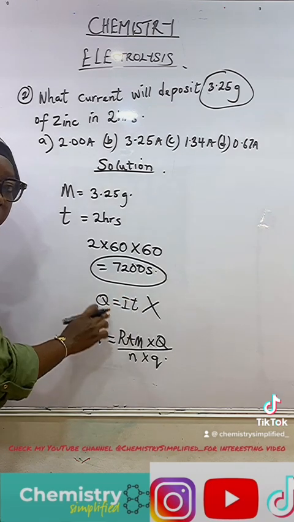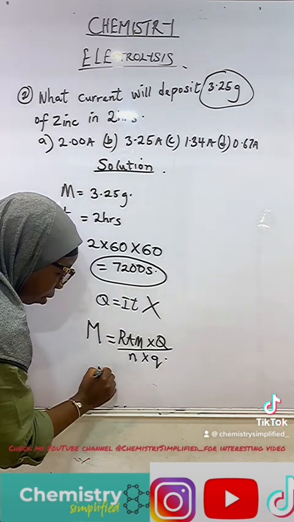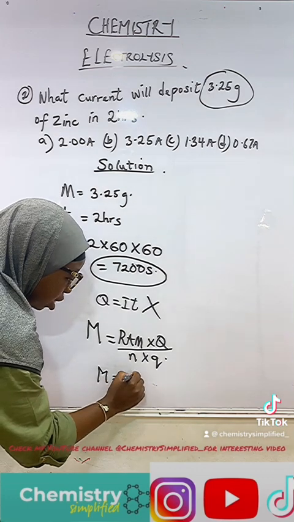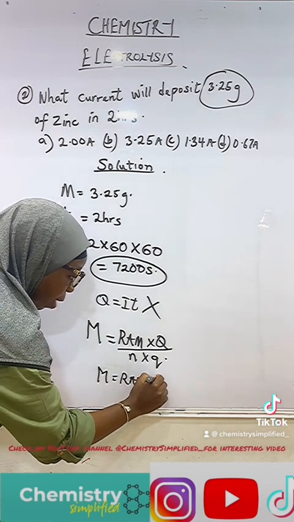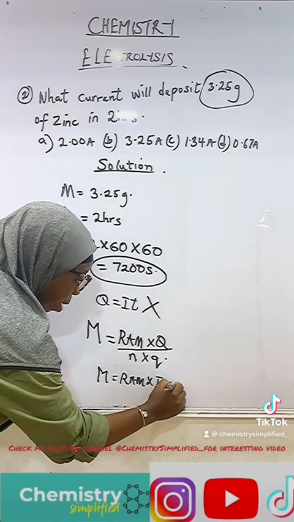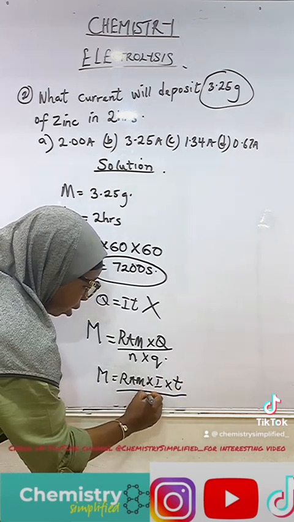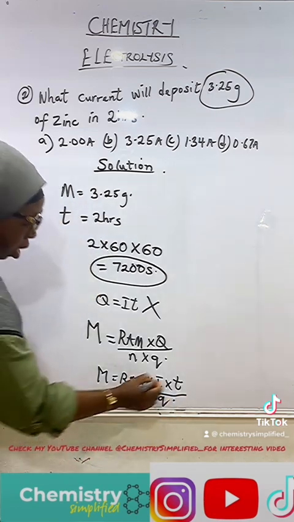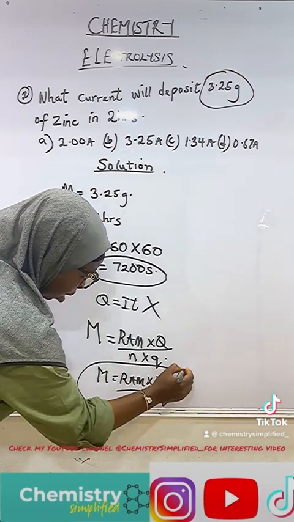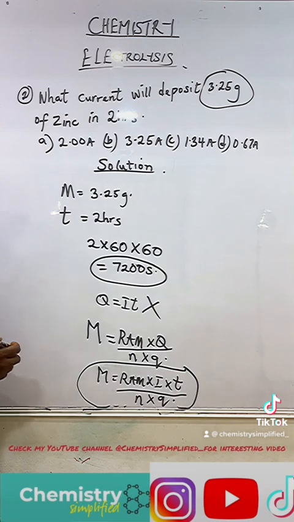So I'm going to rewrite my formula as M equals RAM, which is my relative atomic mass, multiplied by I, my current, multiplied by time, which is T, all over number of charges times Faraday constant. Now, this is the formula we are going to use to look for the answer to the question.